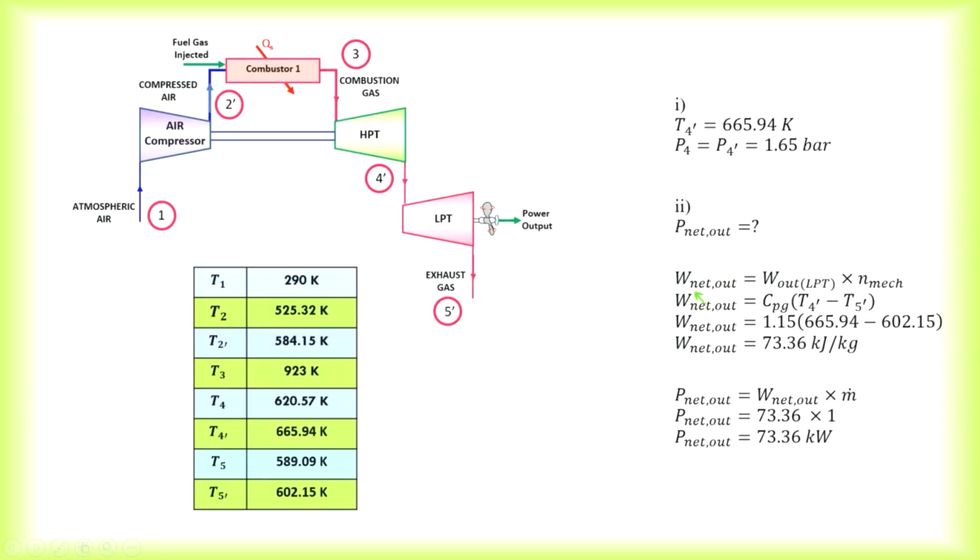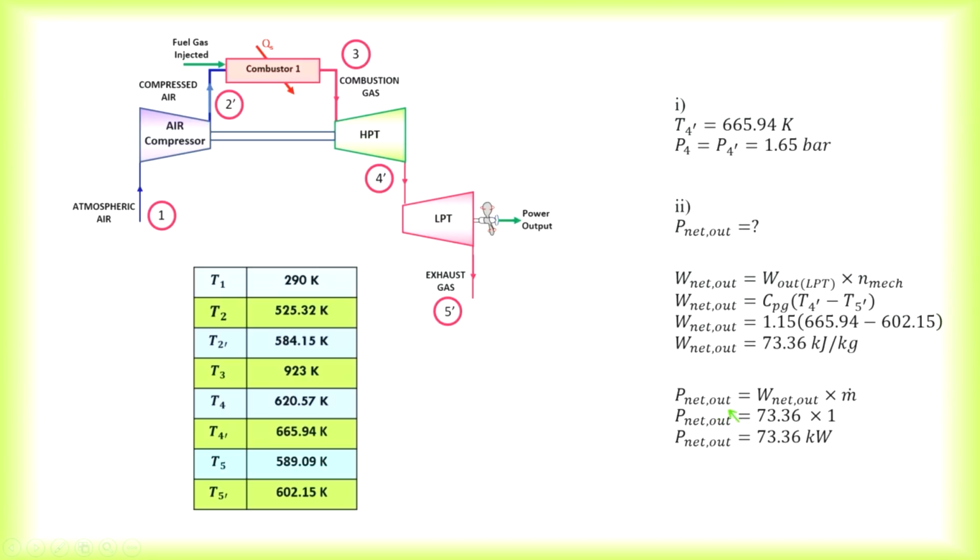Before finding power net, we must find the net power output, the output of the low pressure turbine multiplied by mechanical efficiency, which is 1, not given, so we assume 100%, which in real life you won't get. So CPG (T4 prime minus T5 prime) is your power turbine, and your net work out is based on it. You get 73.36 kilojoules per kg. That is your net work out.